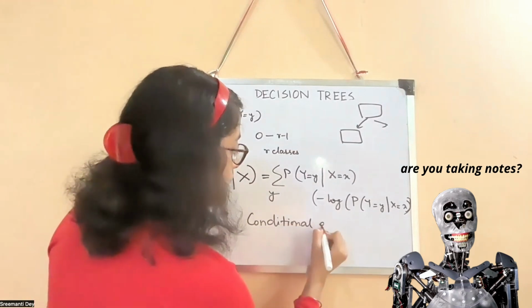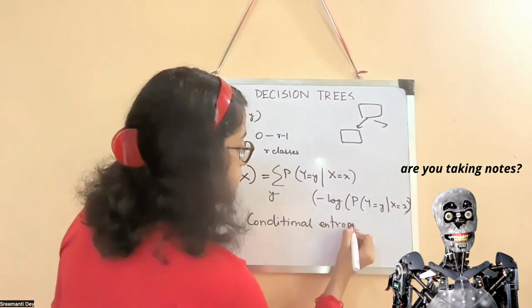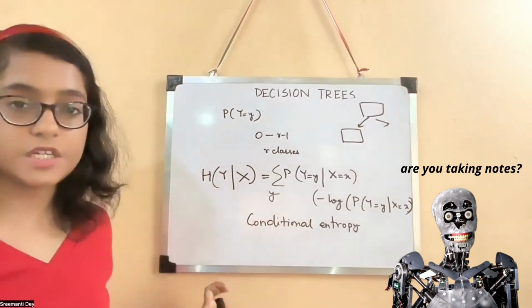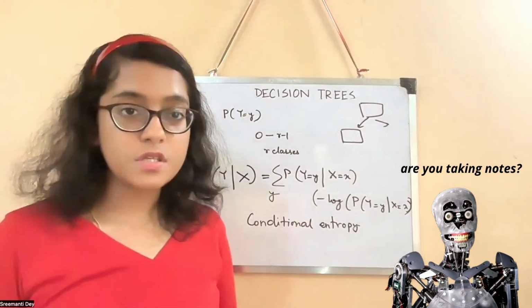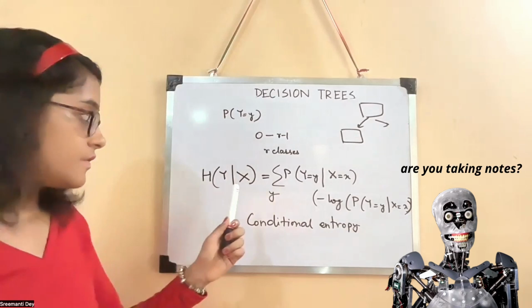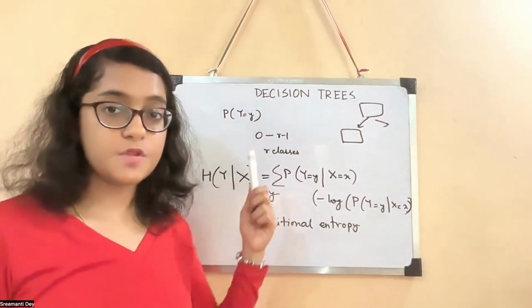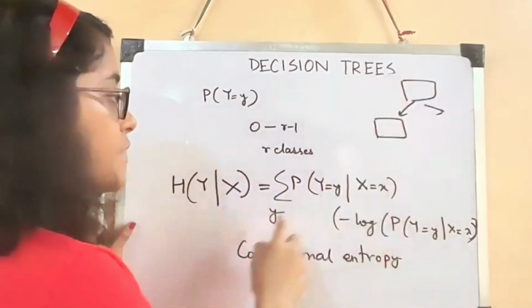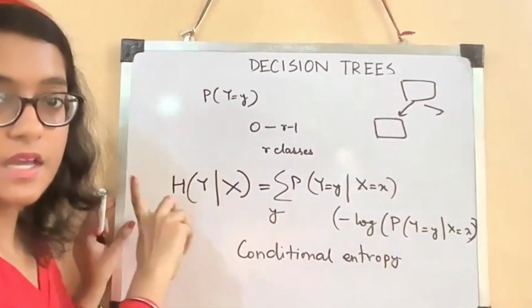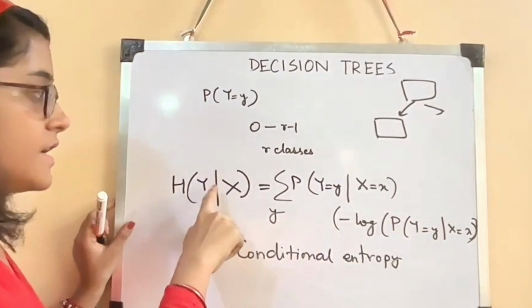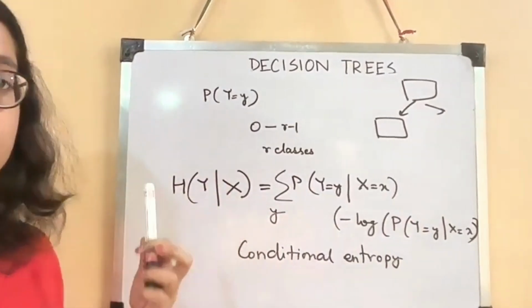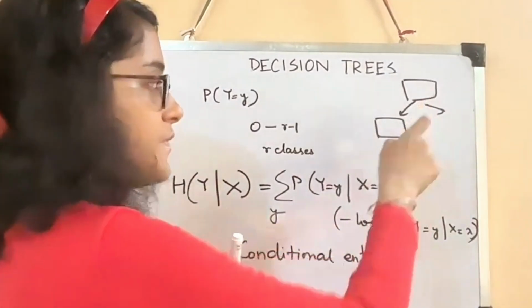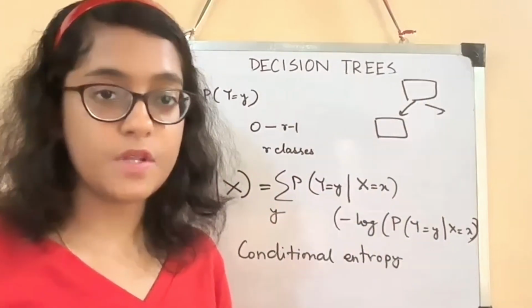This is our conditional entropy that we are going to use always to determine which x to use to split at each step. So in this node we are going to apply this formula, H of y given x, taking in all the xj. Here we had two x, humidity and precipitation.